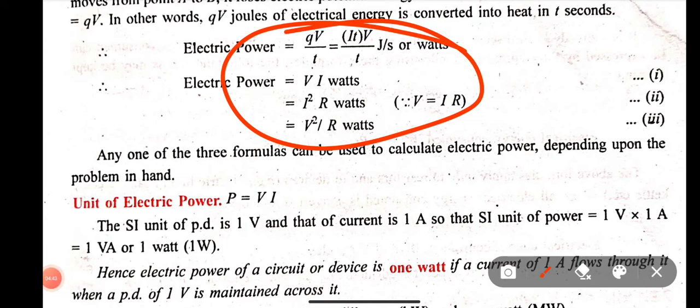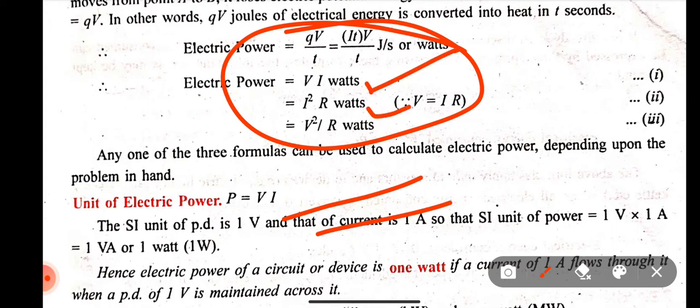We don't know which type of question will come in a competition exam, in terms of voltage and current, or current and resistance, or voltage and resistance. So it is really important to know all these formulas of power.